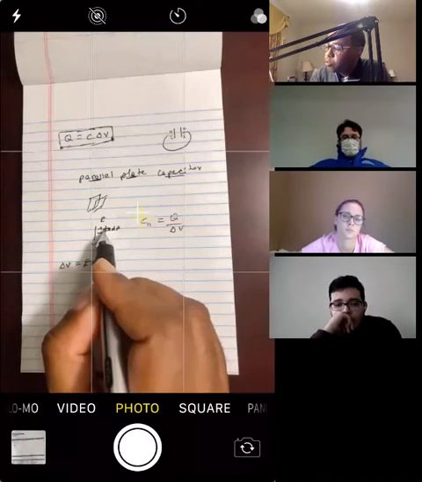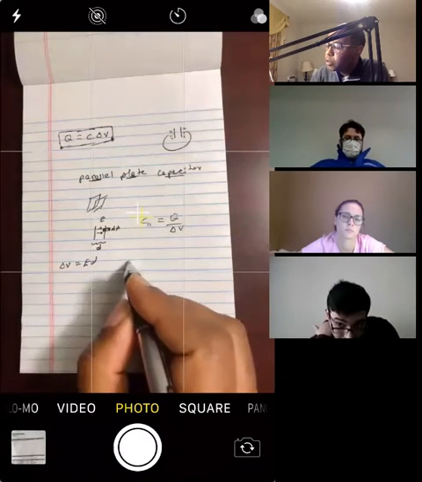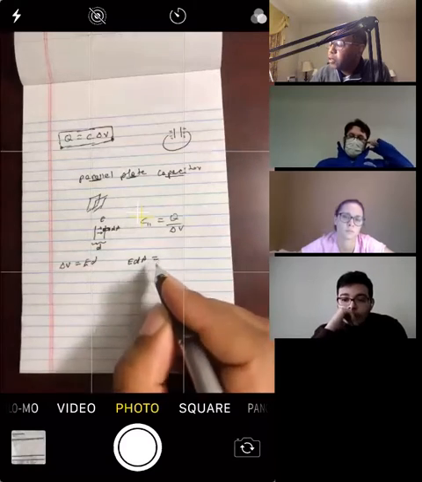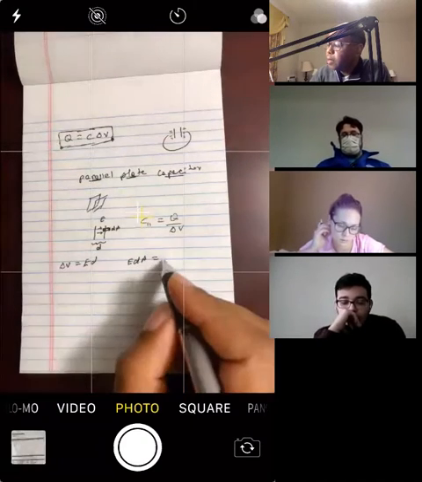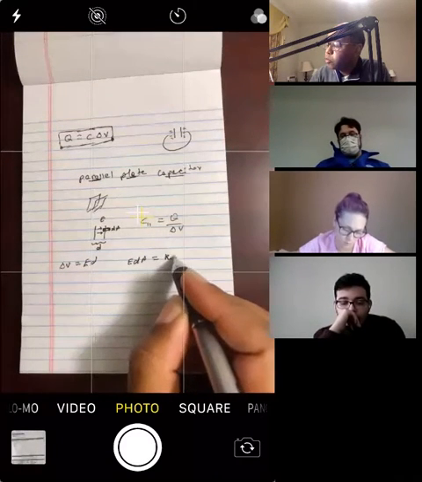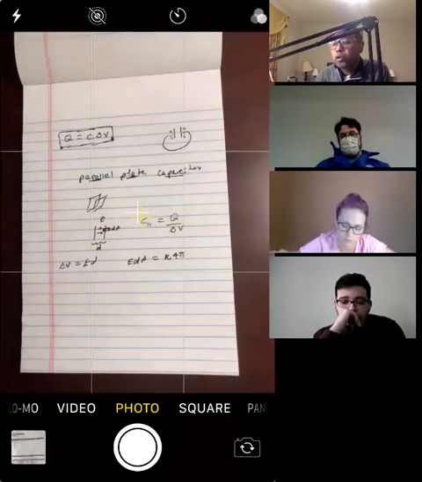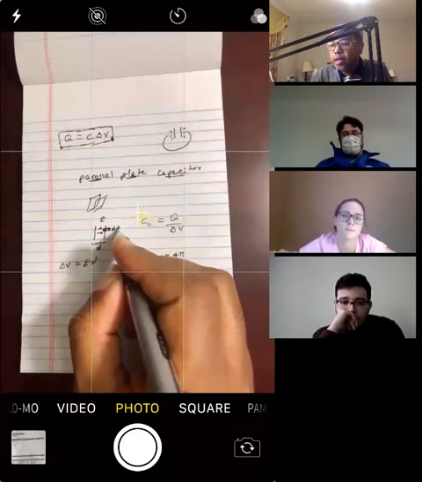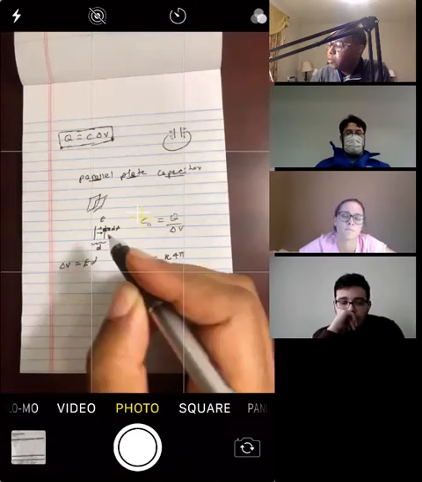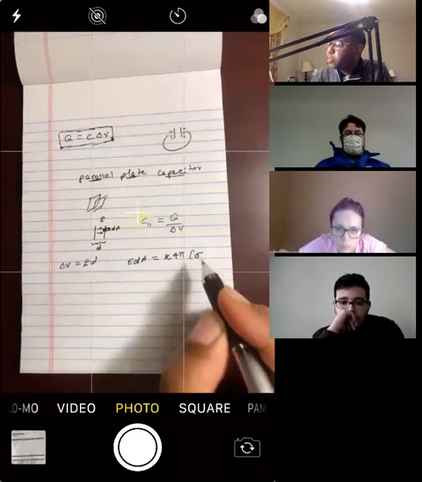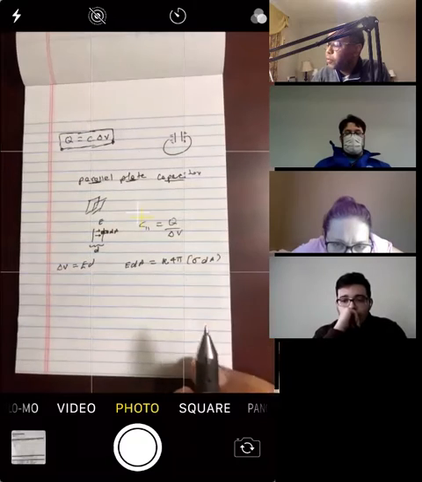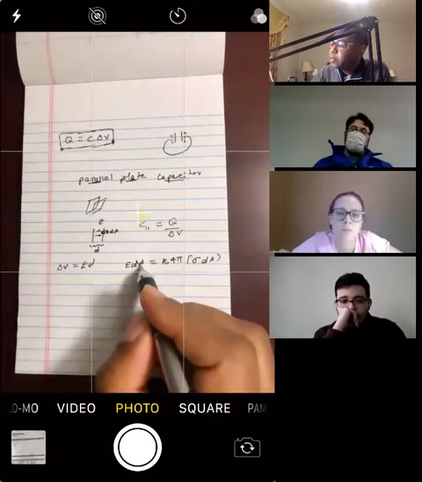You get contribution only from this one over here. So the flux will simply be E times dA, okay? And then that equals 4 pi K times the charge enclosed. The charge is in here, okay? So this area is dA. If the charge density is sigma, then the charge enclosed inside is sigma times this small area element dA over here, okay? So you see this dA cancels out.